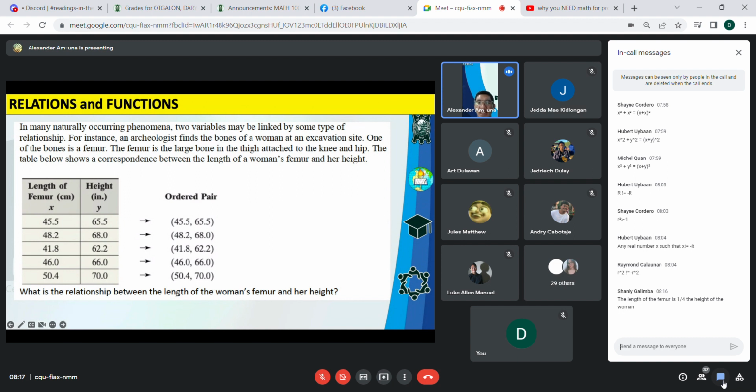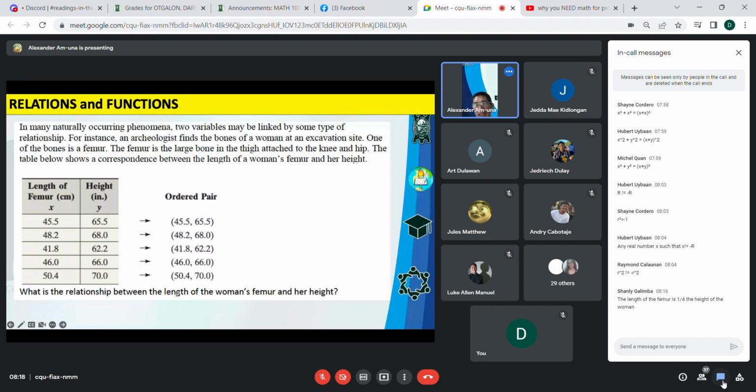Let's use now a mathematical language. Convert that into an equation. Everyone, let's help Shanli convert the statement he provided into a mathematical sentence, a concise one. So the length of the femur, what's the variable for that?